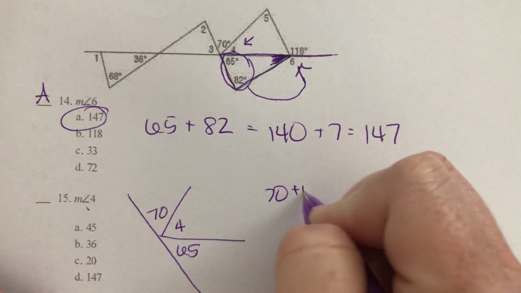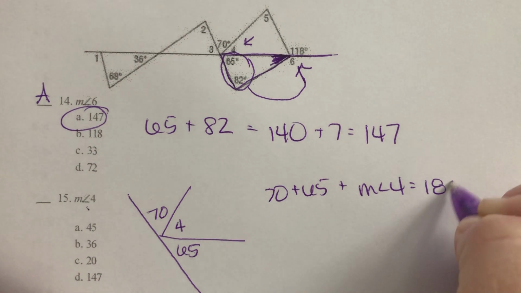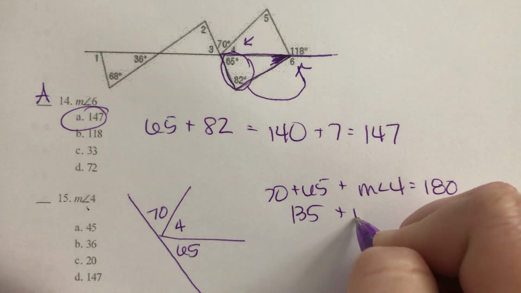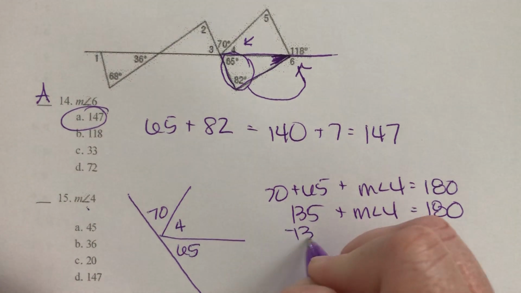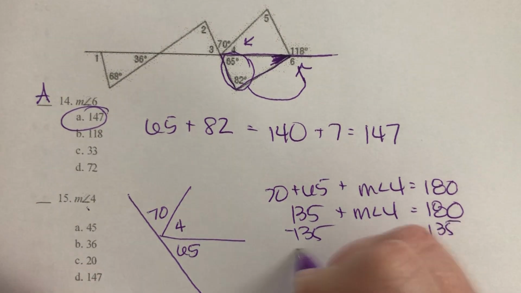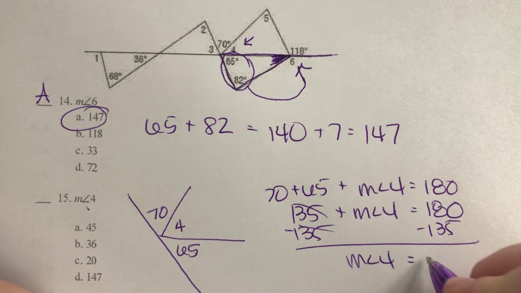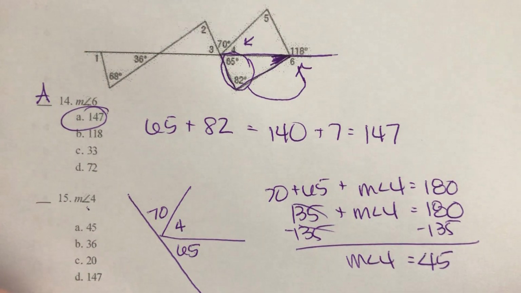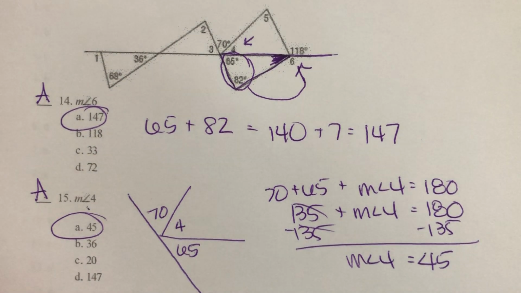So 70 plus 65 plus whatever angle 4 is adds up to 180. Minus 135. Was that 45? Yep. 45, A.